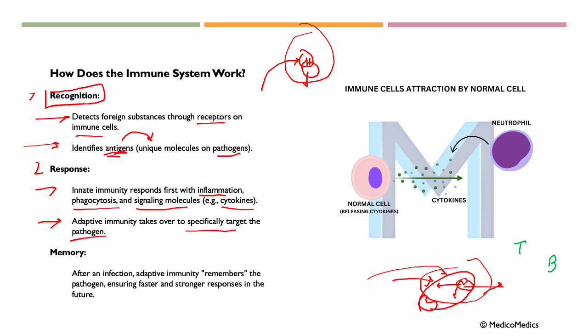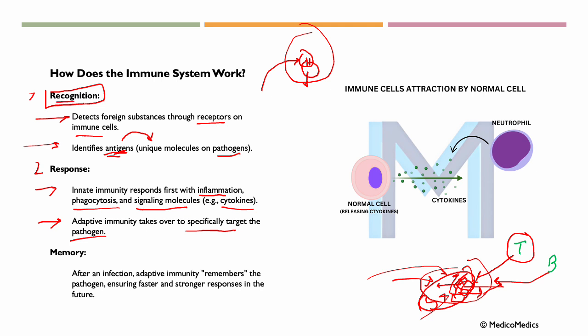But an idea is here that after our innate immune system has responded to this, engulfed it, degraded its content and released it, signaling molecules will tell our T cells, for example, to come, to give further notice, so to speak, to alarm our adaptive immune system to come and help. Now, take this with a grain of salt, because we will dive into details as we move along on how all of this actually works.